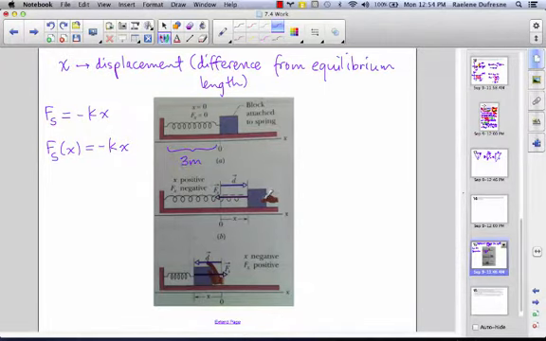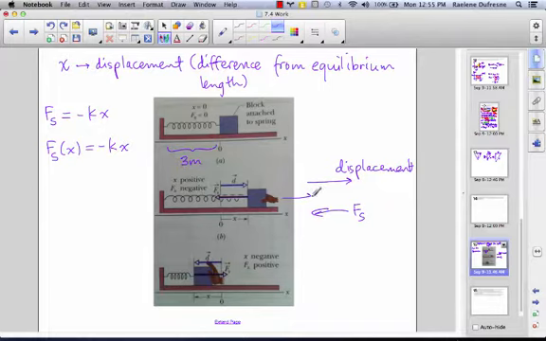If we stretch the spring, then the displacement is to the right. I'm just going to write the word displacement. The displacement is to the right, but the spring force is the force that, if you let go, would be acting to the left, because it would be trying to return the spring to equilibrium position.